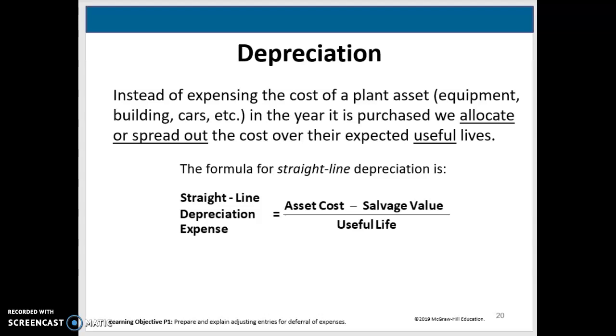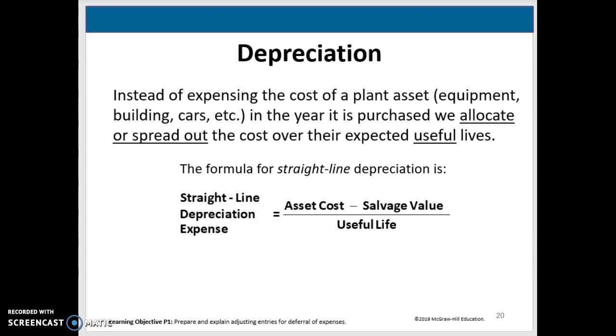So we're going to be taking the cost minus what we call a salvage value, or what we expect it to be valued at the end of the life of the asset. So the salvage value is the amount we expect to receive for it when we dispose of it at the end of its useful life. So we're going to take that asset cost minus the salvage value divided by the useful life, so the number of years we expect it to be useful. So that's how we're going to depreciate.